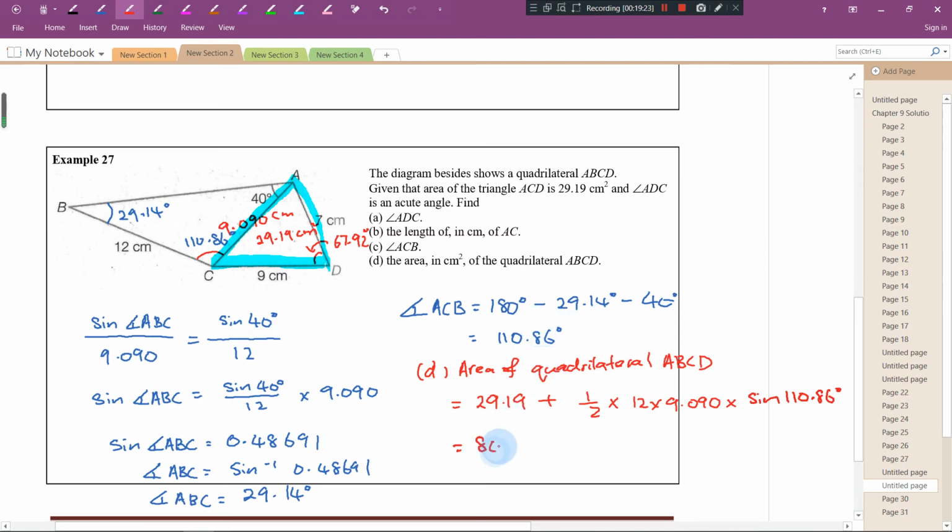The final answer is 80.16 square centimeters. So this is the answer for this question.